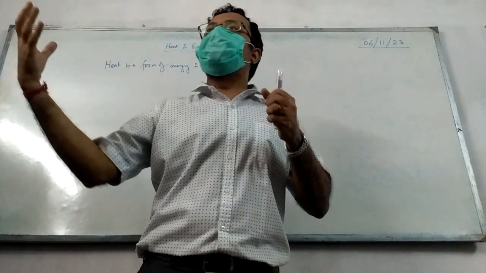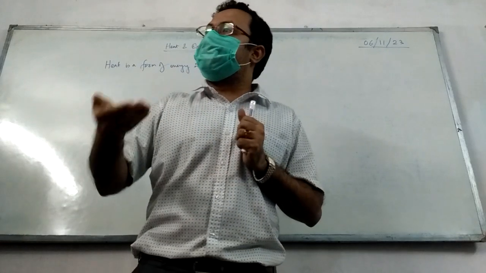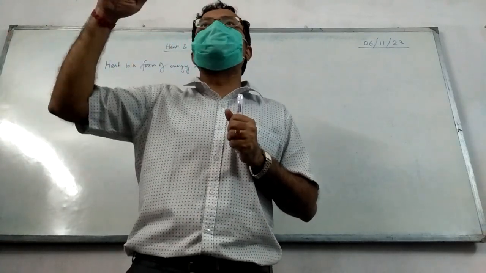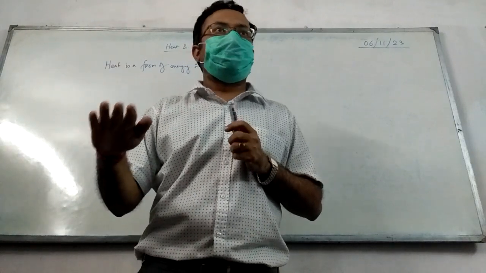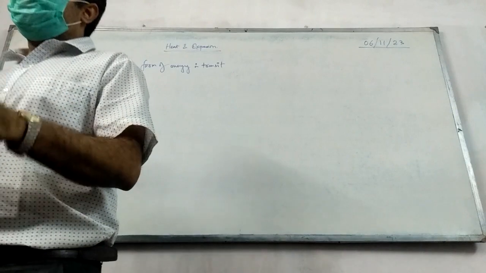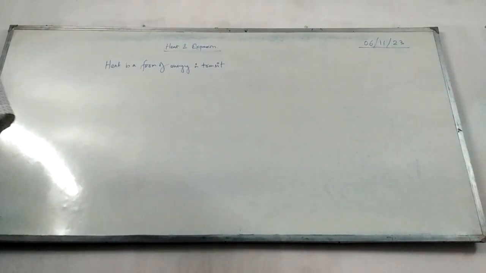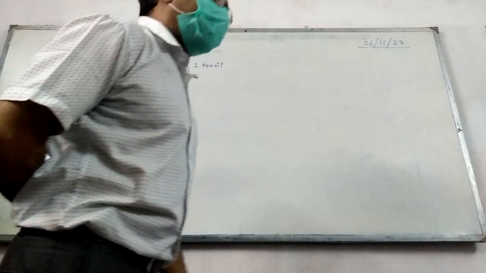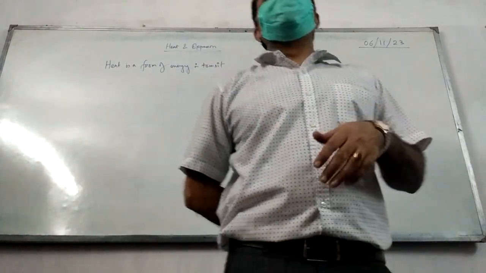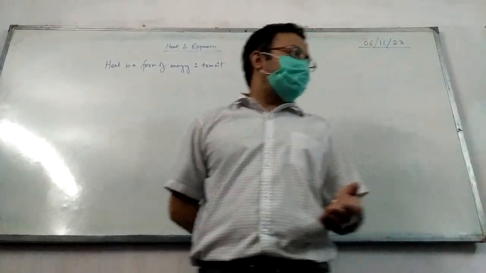So when a body receives heat energy, its internal energy rises, and when a body loses heat energy, its internal energy falls, decreases. Okay, so write this down. When heat energy flows into a body, it increases the internal energy of the body.